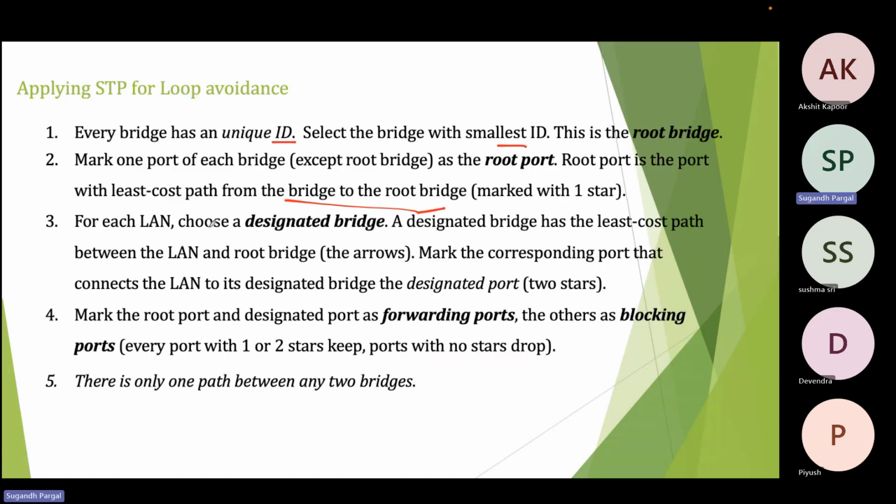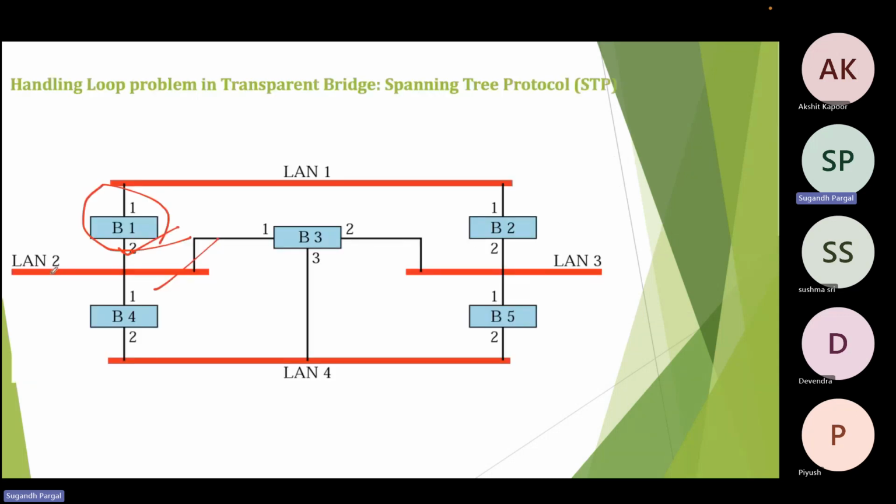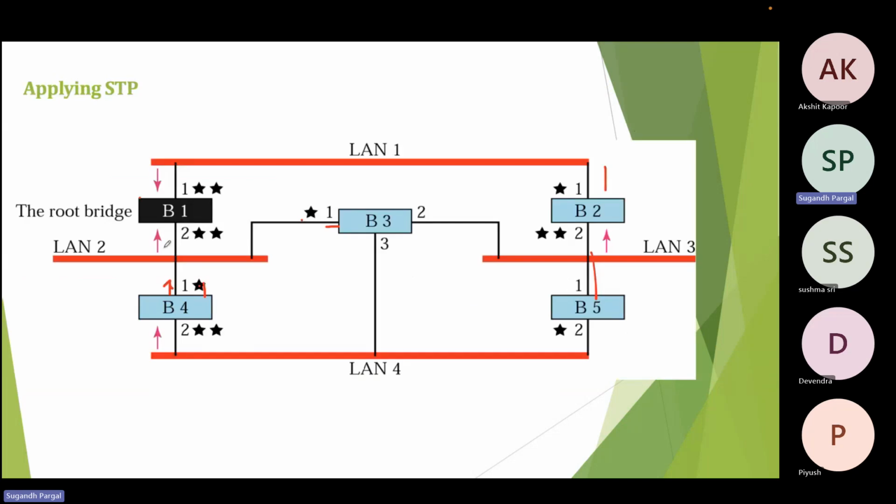Then for each LAN, choose a designated bridge. Okay, a designated bridge has the least cost path between the LAN and the root bridge. So mark the corresponding port that connects the LAN to the designated bridge, the designated ports, with 2 stars. So it is the least cost path between the LAN and the root bridge. So this is LAN 2. For LAN 2, we have the least path with this route to the root bridge.